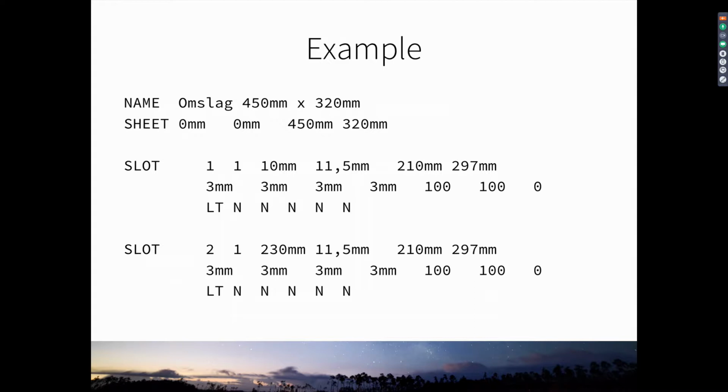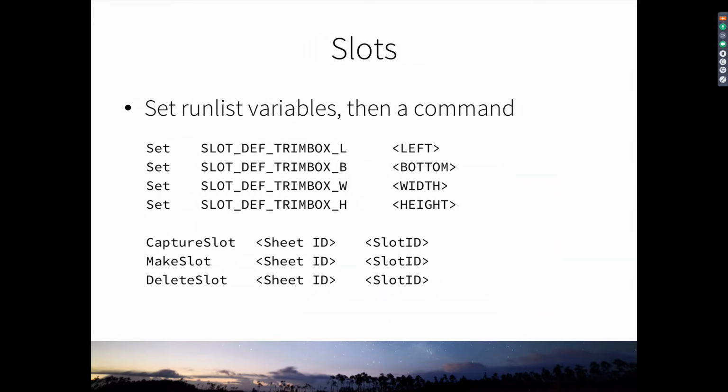So not only can you define the width and the height of the slot, but you will also have variables for the bleed. You will have variables for scaling, rotation, what crop marks you want, the binding, the positioning of the page in the slot. All of those have these types of variables.